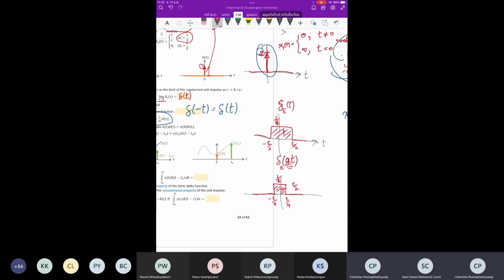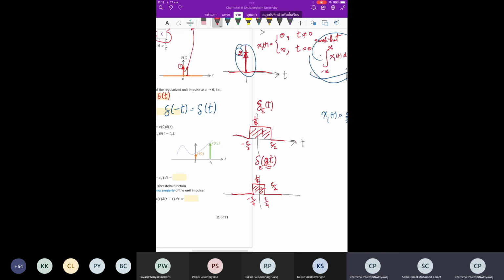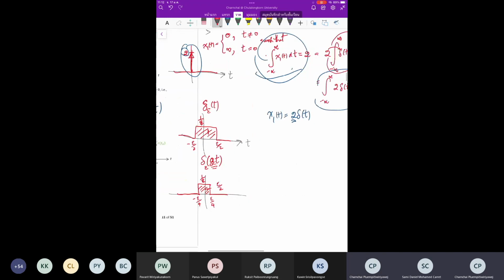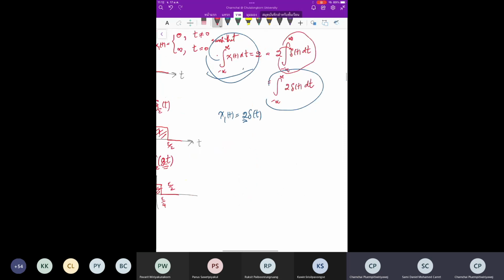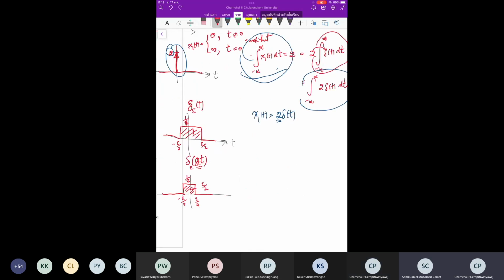Now if you take the limits as epsilon goes to 0 here, what do we get? If epsilon goes to 0, of course, the height is going to go to infinity as well, but the area under the curve is epsilon over 2.